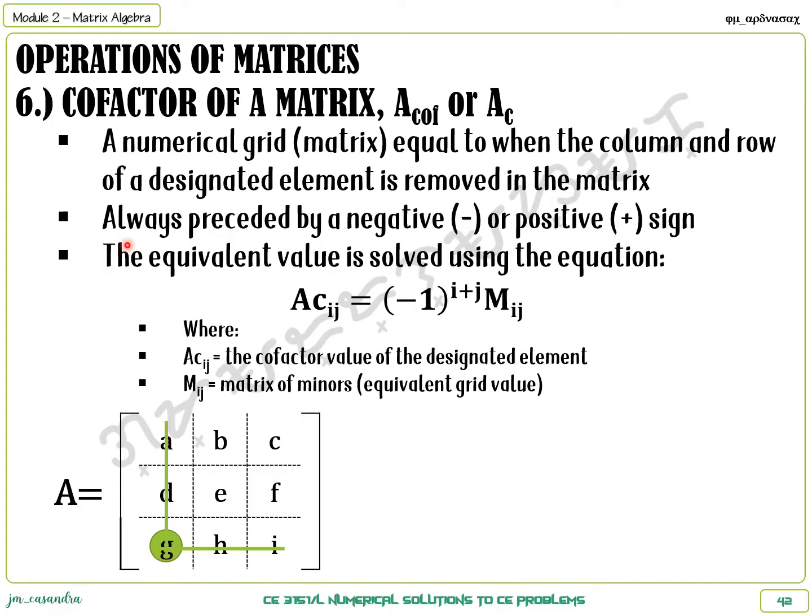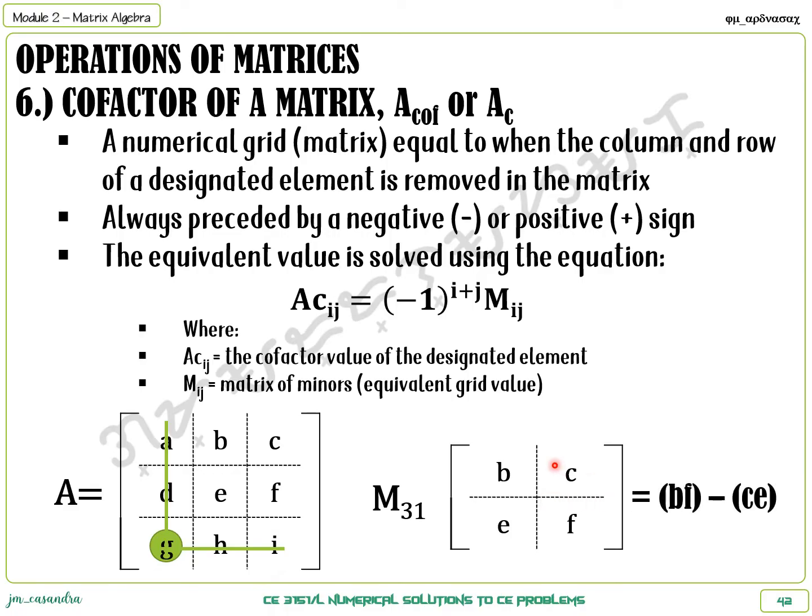The equivalent matrix now, or minor matrix, will be equivalent to the remaining elements, which are B, C, E, and F. The value now of your minor matrix is computed as BF minus CE, or that's simply equivalent to the product of the elements diagonally down minus the product of the elements diagonally up.